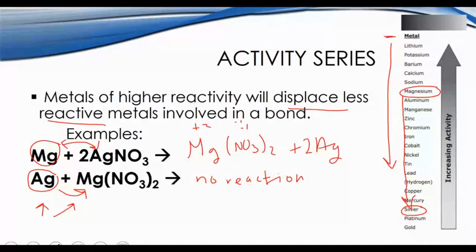If it's stronger, meaning higher on the reactivity series, it will replace. If it's lower, it will not. Now let's look at the demonstration that I have prepared for you guys so that you can see what it would look like in the lab.